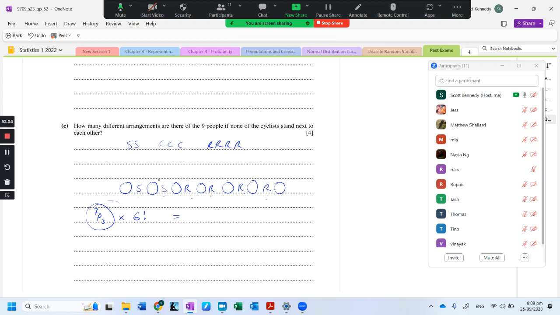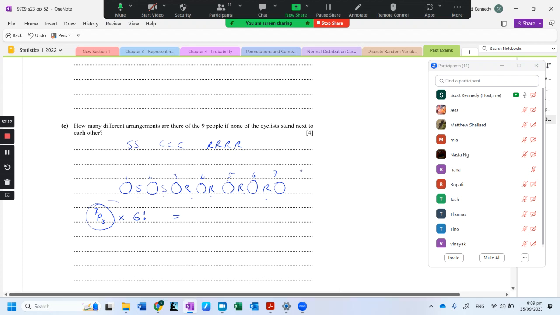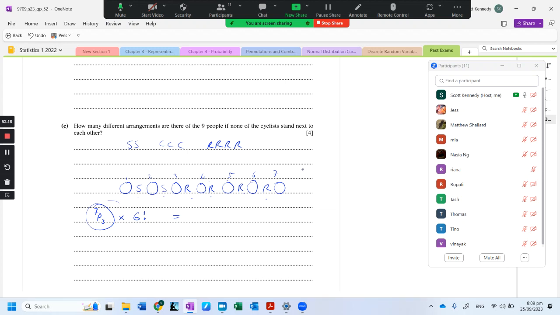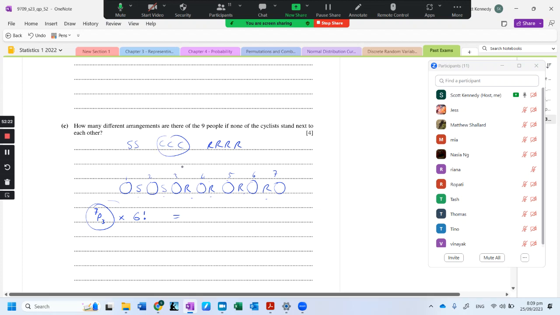So there are 7 spaces, 1, 2, 3, 4, 5, 6, 7. 7 places that we could put the cyclists so that they're not next to each other. There's 3 cyclists. So the first cyclist has 7 places that they can go into.